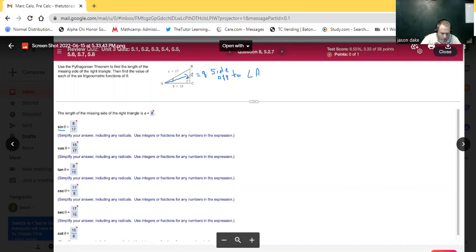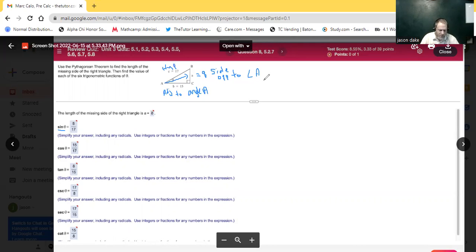This side is obviously the hypotenuse. I'm just going to fill it in for us, so we don't have to do a whole lot of work. And this side is adjacent to angle A. Oh, why am I spelling this out like that? Okay, too late now.